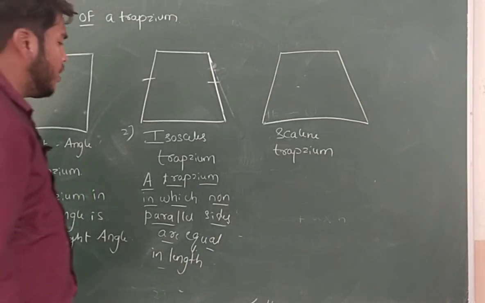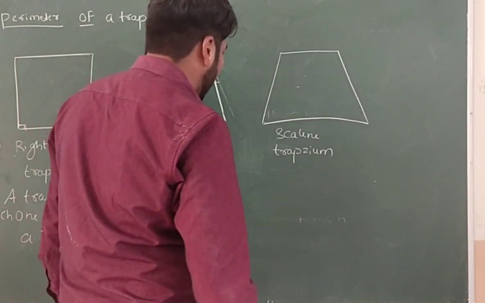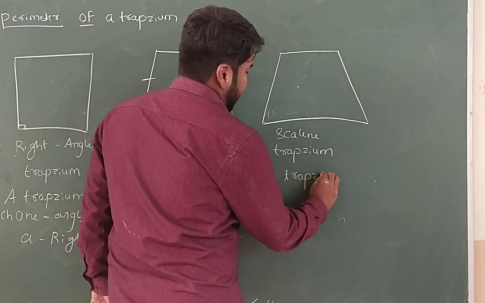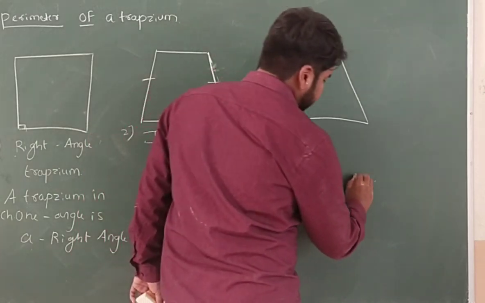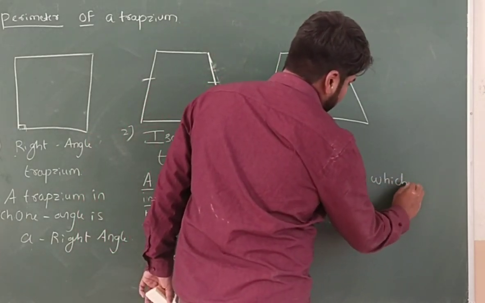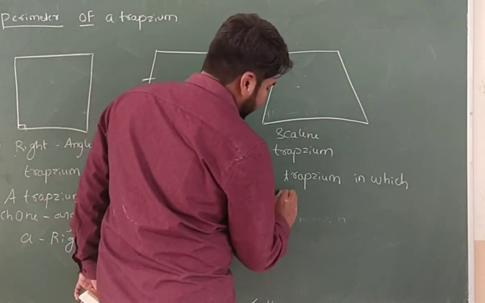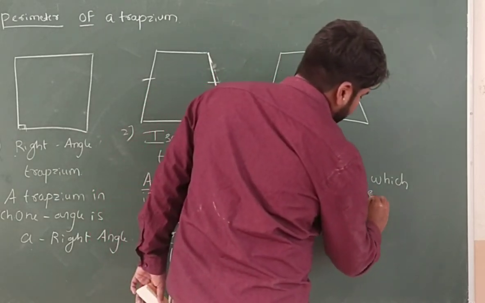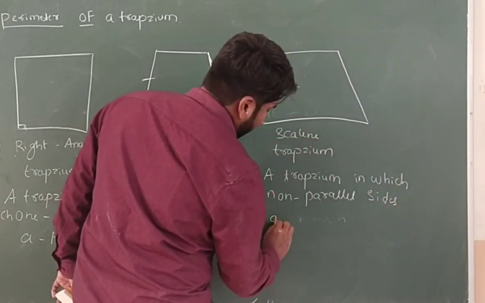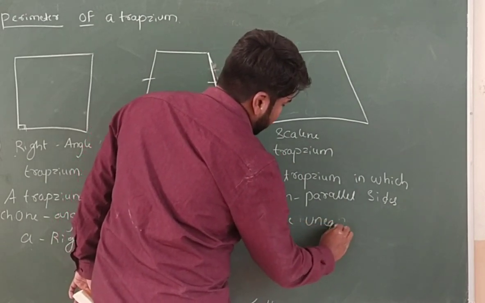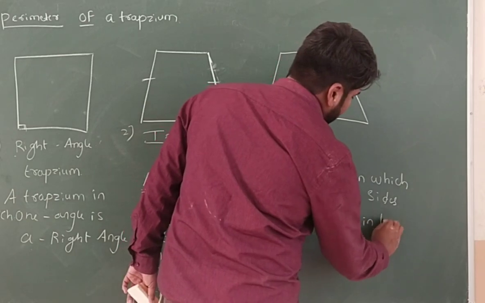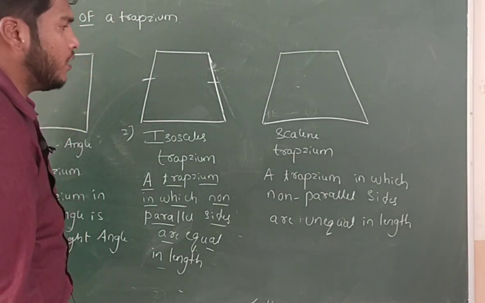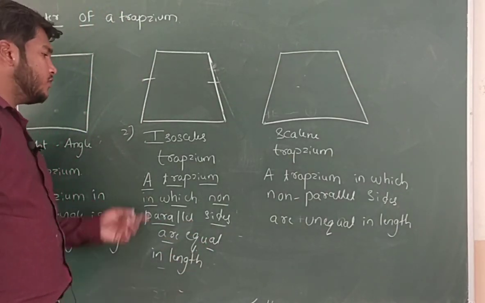Similarly, a trapezium in which non-parallel sides are unequal in length is called a scalene trapezium.